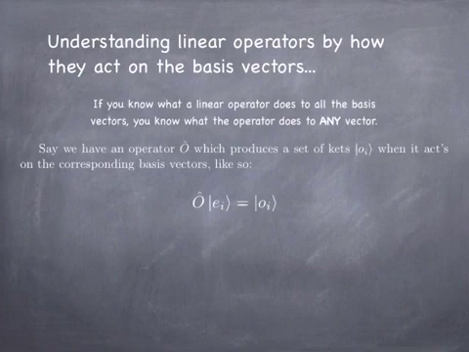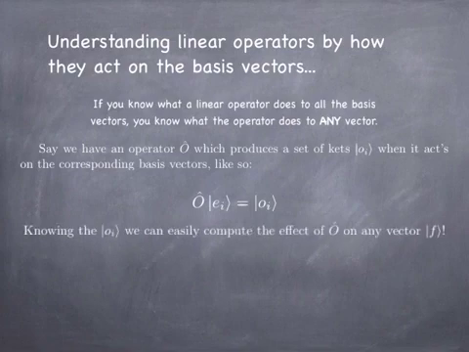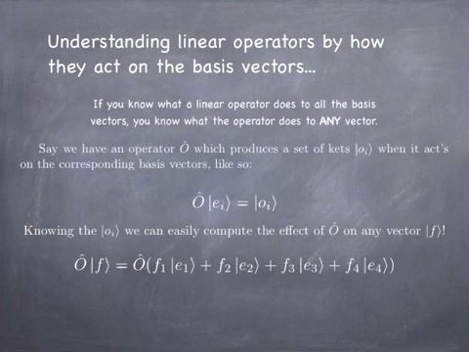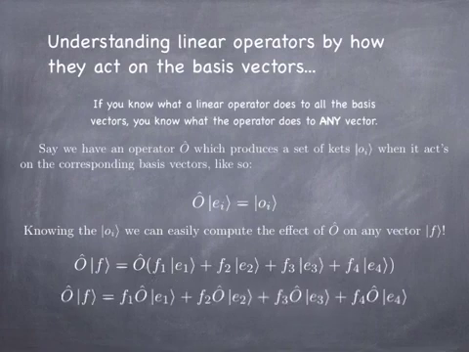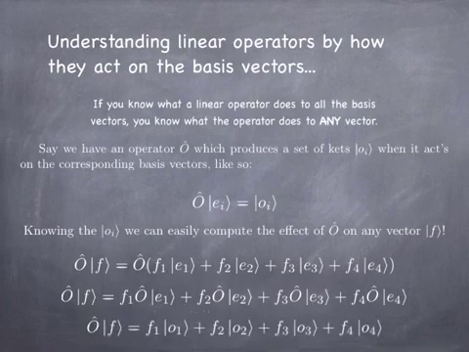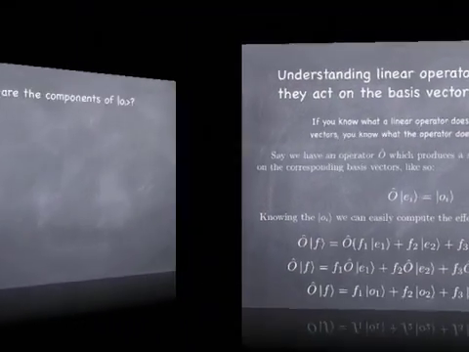If we know what the O sub i are, we can figure out what the effect of O is on any basis vector, or on any vector at all, because you can see that O acting on an arbitrary vector, which can always be written as a superposition of basis vectors, is the same as the superposition of O acting on the individual basis vectors. And of course that's the same as the components of the original vector multiplying the O sub i.